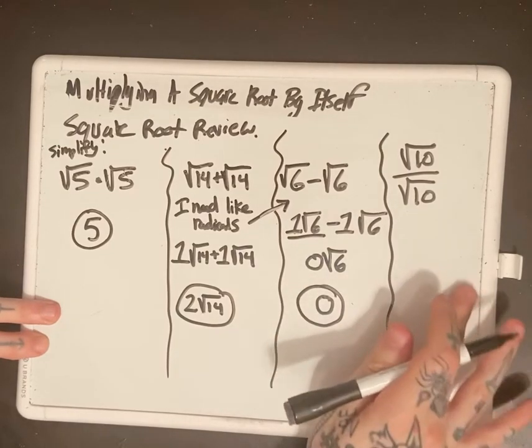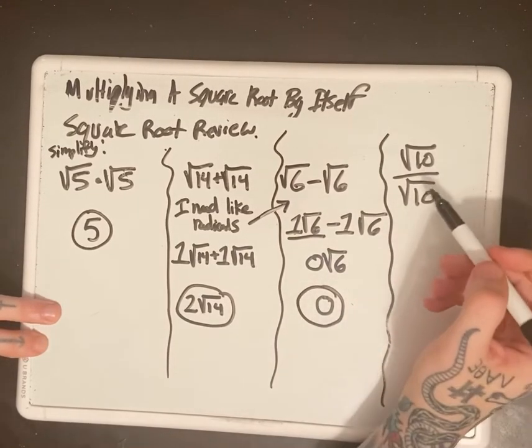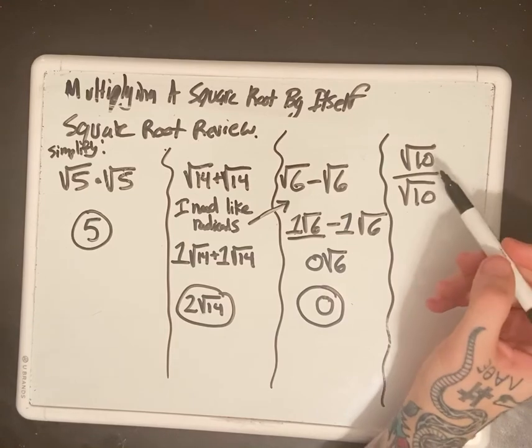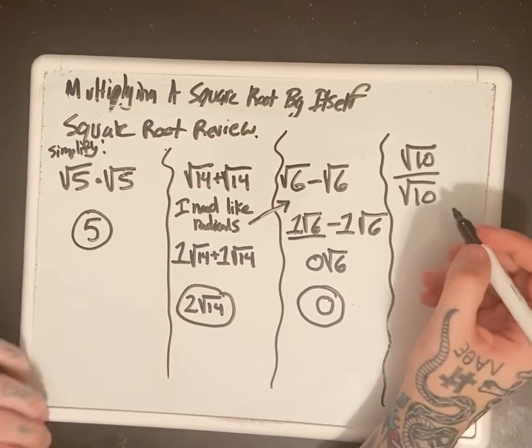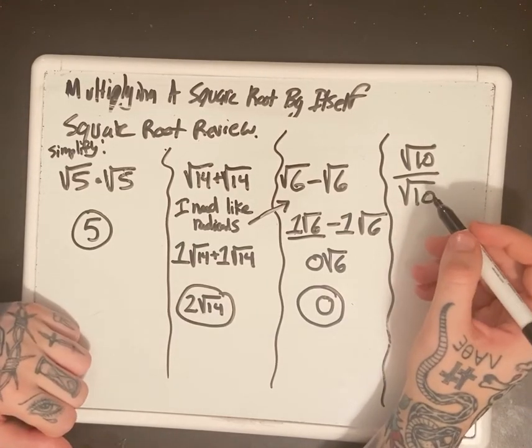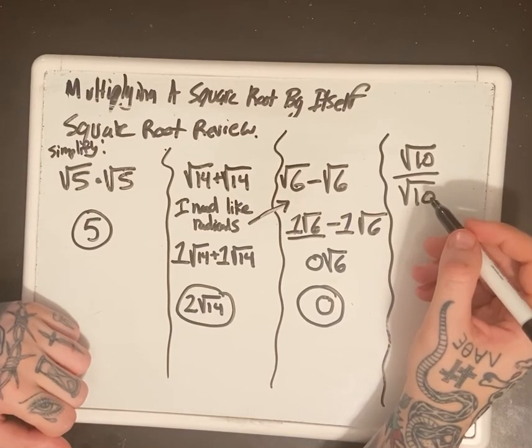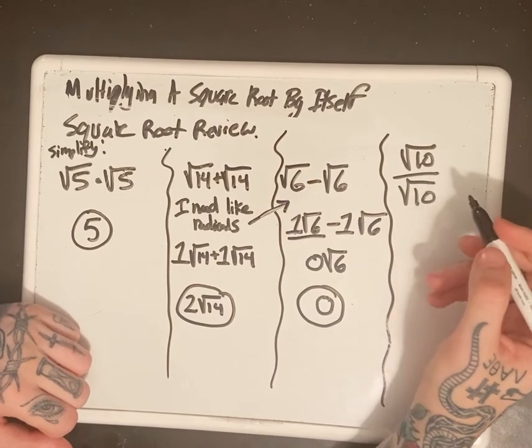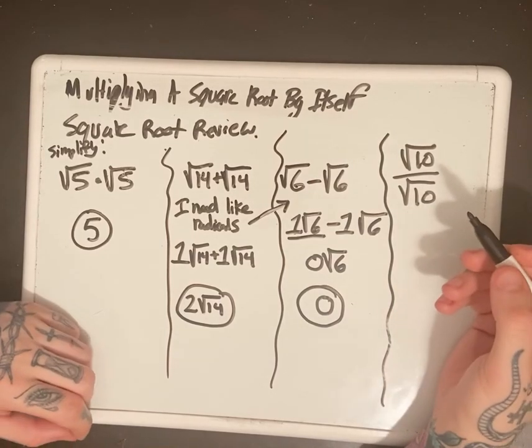All right, and finally, square root of 10 divided by square root of 10. I can't take the square root of 10 because it's not a perfect square. I guess there are multiple ways to do this one.